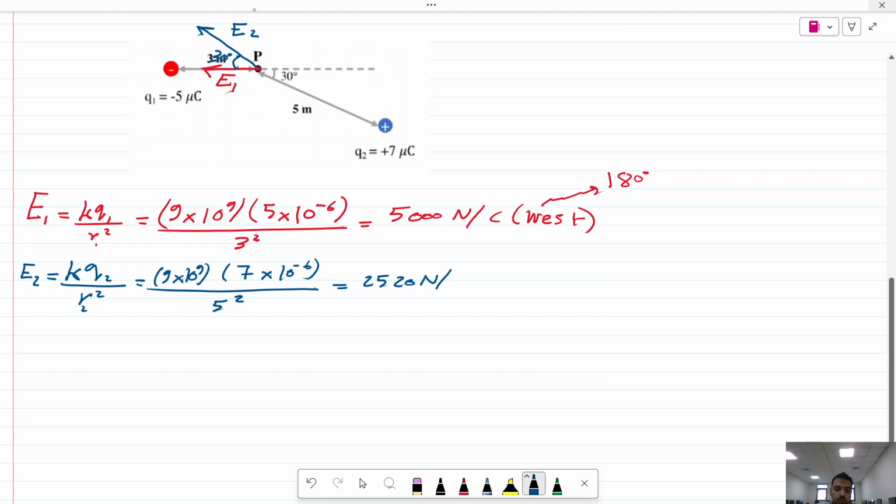which is equal to 2,520 newtons per coulomb. And now we look at the direction. If you notice, E2 looks like this, and we have this angle given, which is 30 degrees.